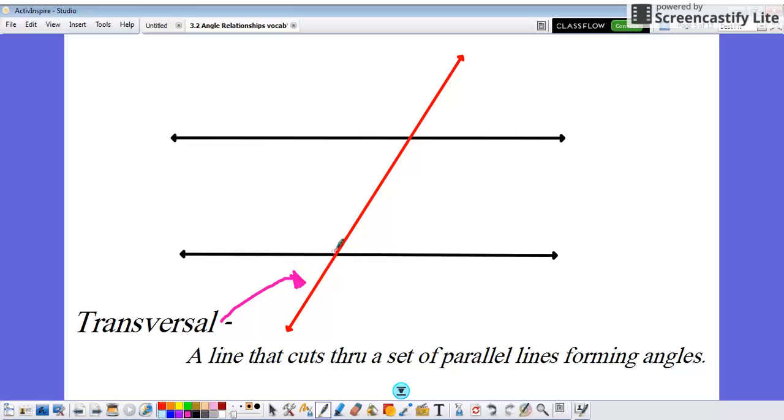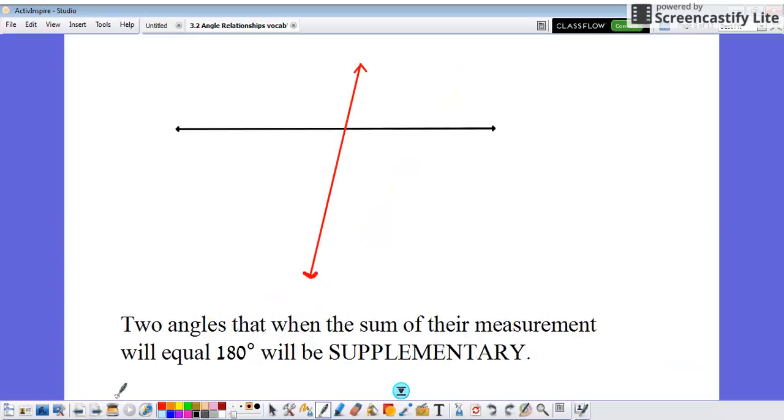It is intersecting my set of parallel lines here. So all of the angles that result from this is what we're going to study in standard 3.2, angle relationships. And it usually makes 8 angles. Here, here, here, here, and here, here, here, here. We usually number or letter those and then ask you about those relationships.